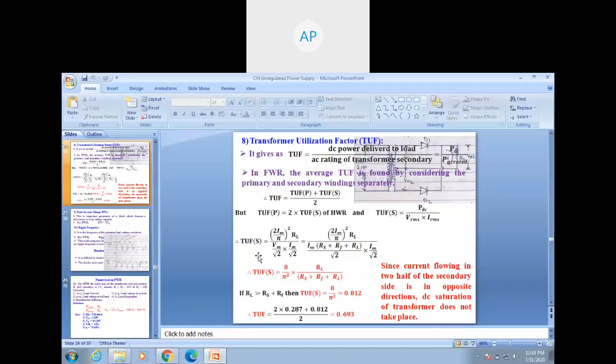We have also seen the voltage regulation, which was the same as with the half wave rectifier, and the rectification efficiency we have found. Also, if you observe, for the full wave rectifier, the DC saturation of the transformer is resolved by using a CT transformer in spite of a normal transformer.